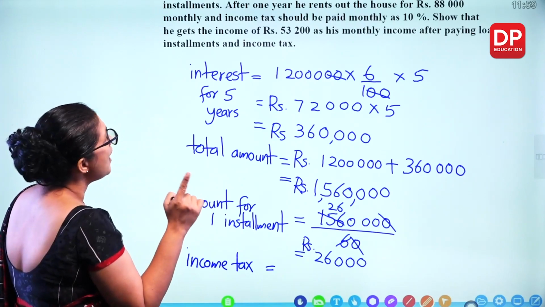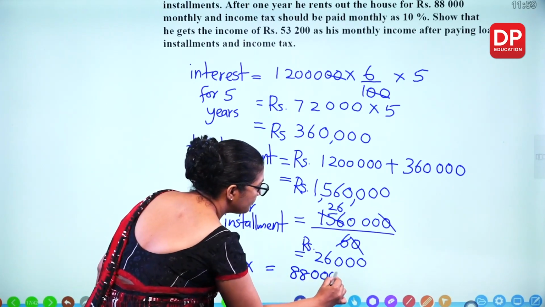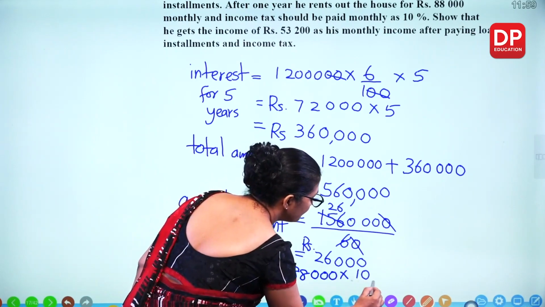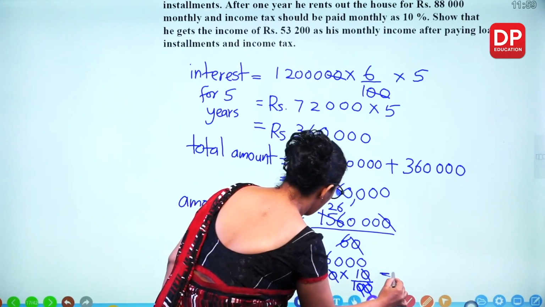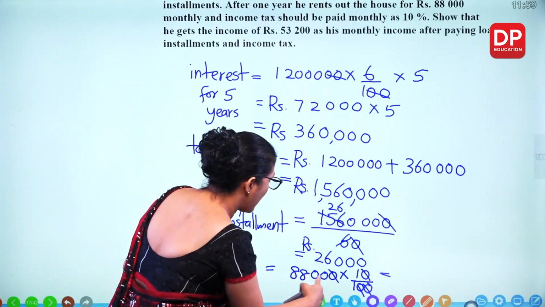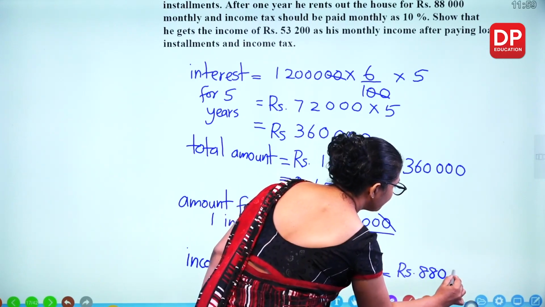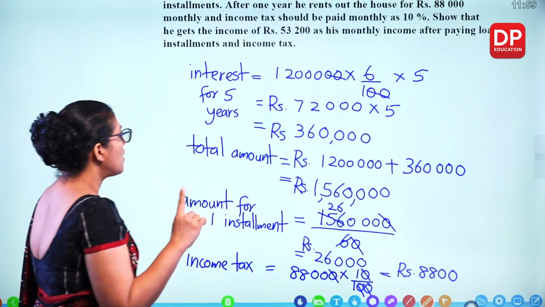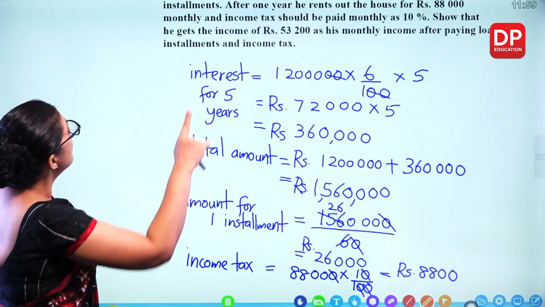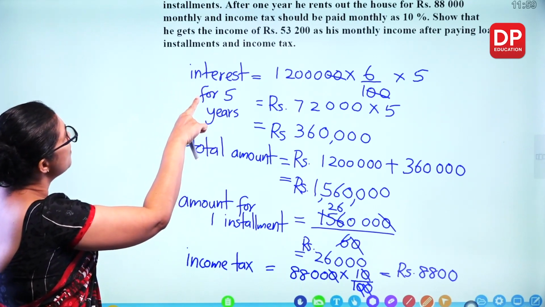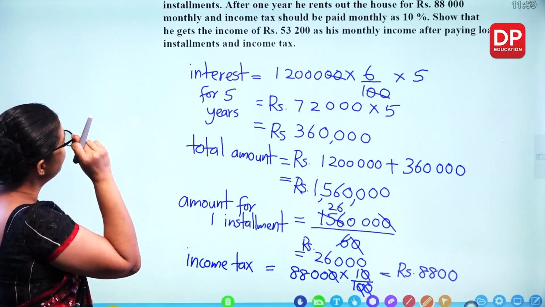That's 10% of 88,000 rupees. So you get 8,800 monthly. So here income tax should be paid monthly as 10%. So that's the income tax value.